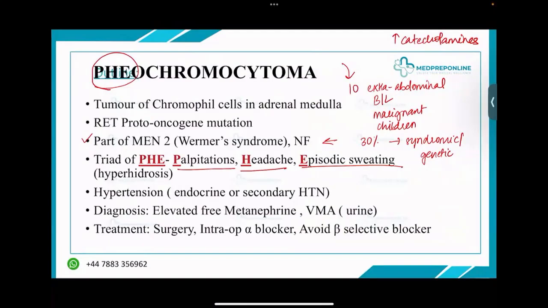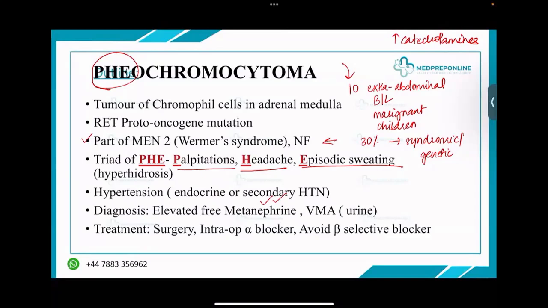So diagnosis for this condition, in the blood, you will find increased levels of free metanephrine. Now, when we were studying catecholamine synthesis, we saw that norepinephrine and epinephrine were converted into their congeners. These are the products formed after chemical breakdown.